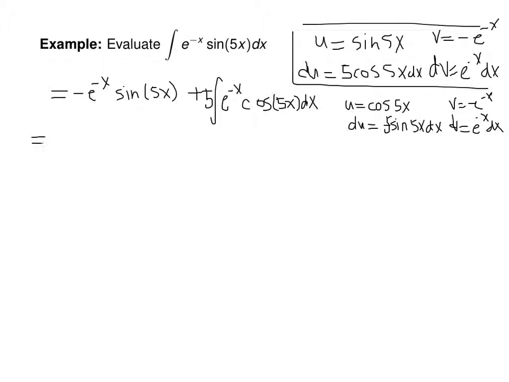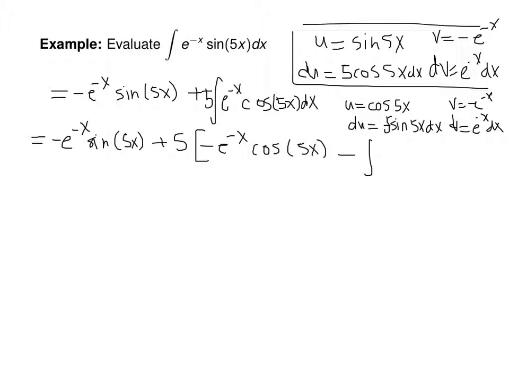So we have negative e to the negative x sine of 5x plus 5 times the quantity negative e to the negative x cosine of 5x minus the integral of v du. Multiplying those two gets rid of the negatives, and we'll have 5 e to the negative x sine 5x dx.